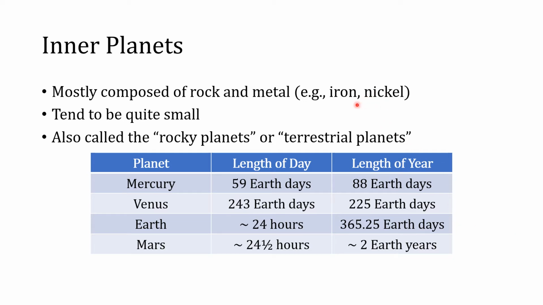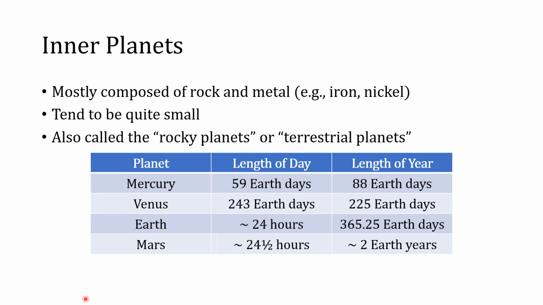In the case of Earth, iron and nickel are two of the primary elements that you would find in the core, down in the center of the planet. That's generally the case for all four planets in the inner solar system: they tend to be made out of things like metallic elements, and basically they're giant clumps of rock.